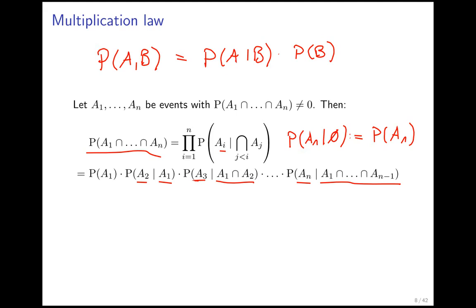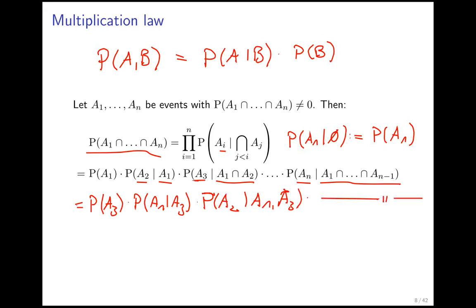And there's one important remark here. We did this in the order of the index, because then it's much easier to write down and also to memorize. But in principle, I could also do the following. So I could write P of A3 times P of A1 given A3 times P of A2 given A1 and A3, and then times everything we had previously.